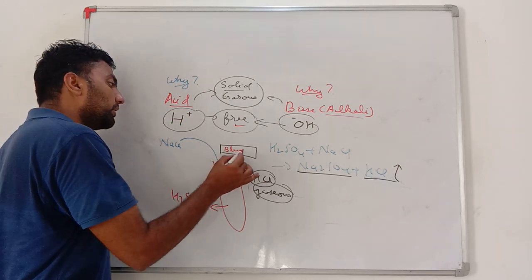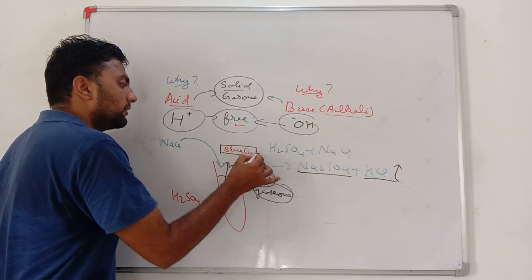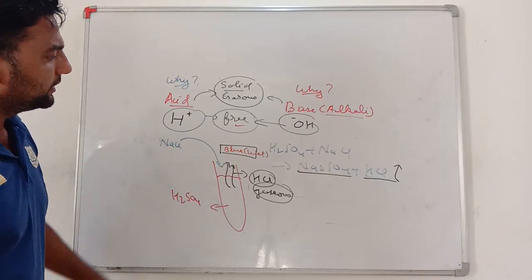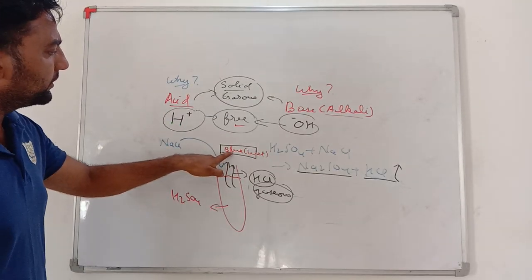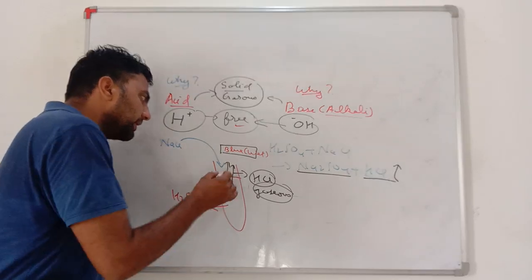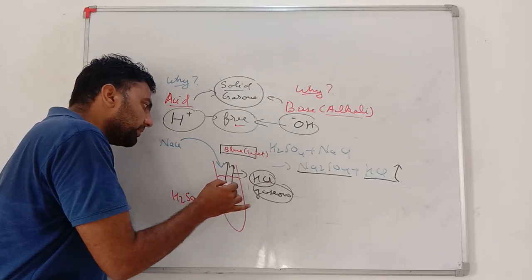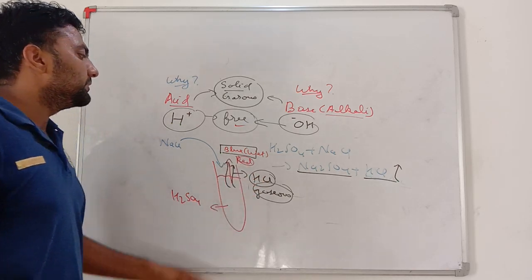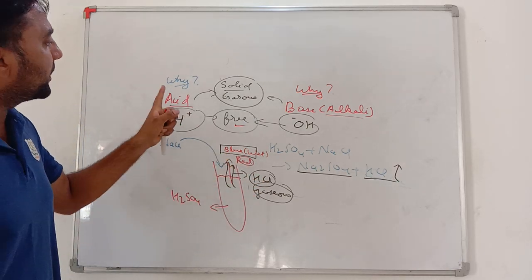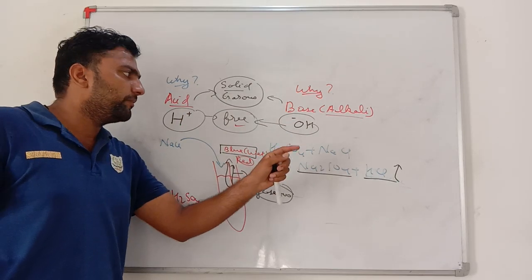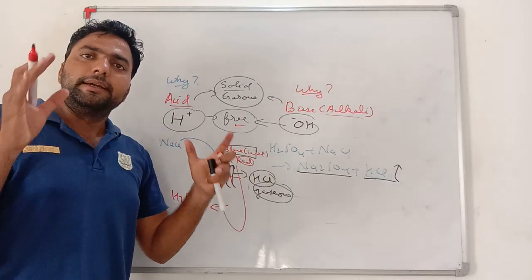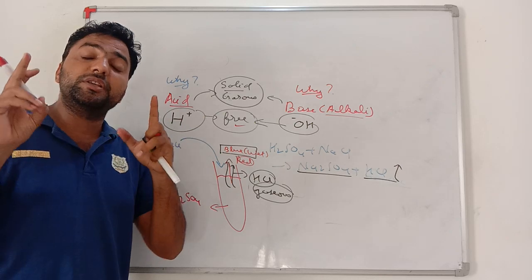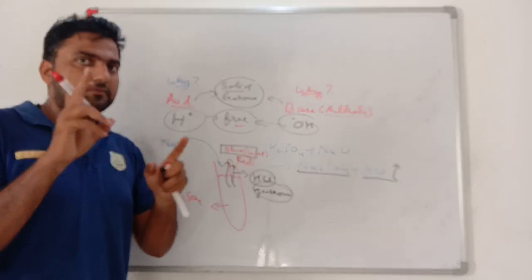But then I brought a wet, meaning having some water in it, blue litmus paper, and when that wet blue litmus paper comes in contact with HCl, it turns red. This activity shows that whether it is acid or base, it doesn't matter. It matters whether it is able to dissociate H plus or OH minus free.